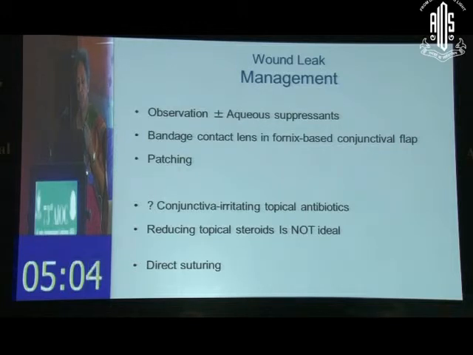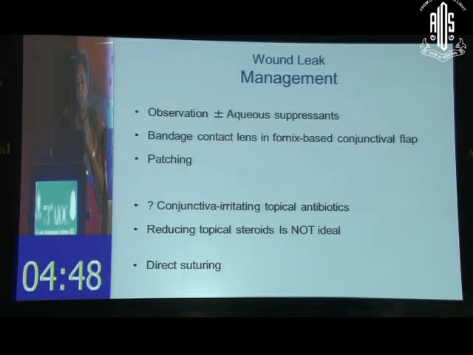In the late bleb leaks, one can consider giving a conjunctival irritating topical antibiotic, people tend to give gentamicin. But we haven't seen any success with the use of it, but the literature suggests that.